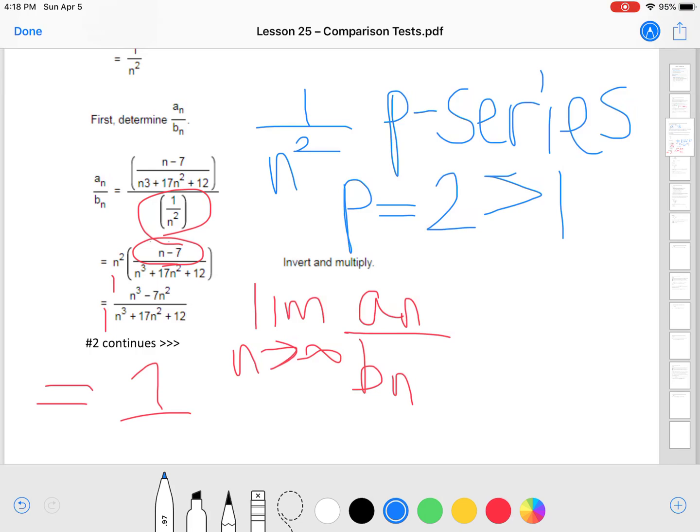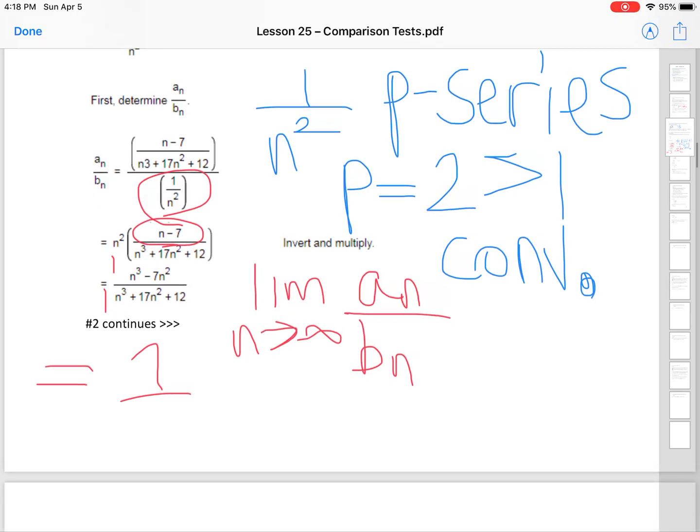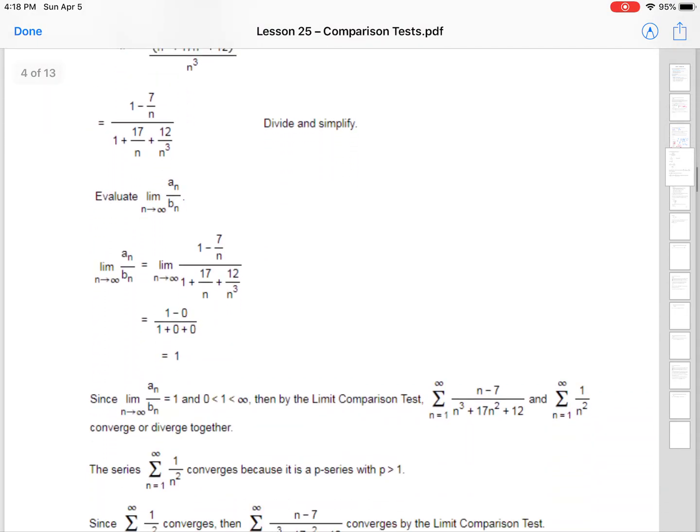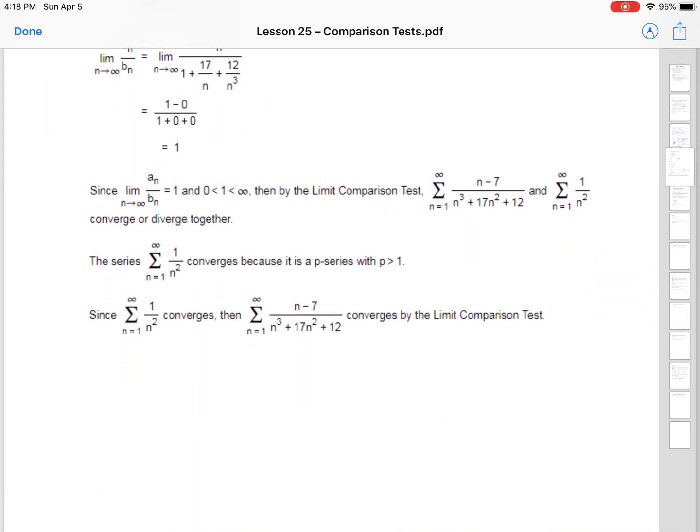And because our exponent is greater than 1, that means our made-up series converges. Now, because our made-up series converges, then that means the given series also converges by the limit comparison test.